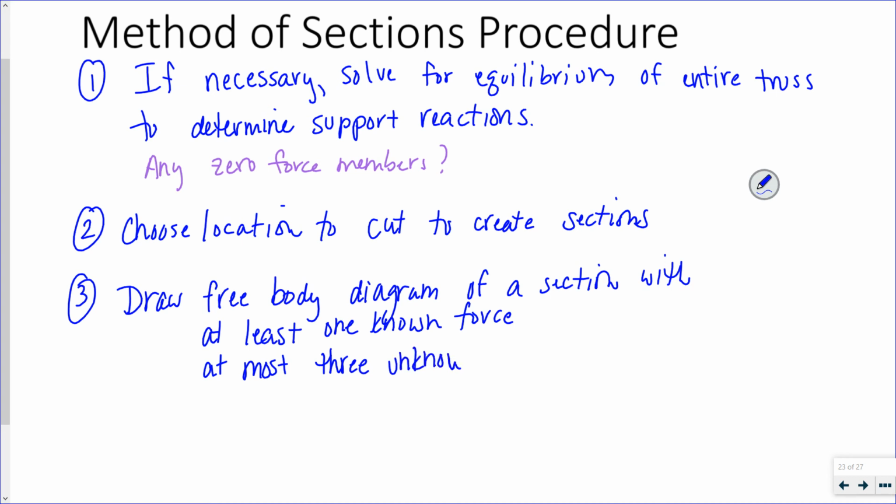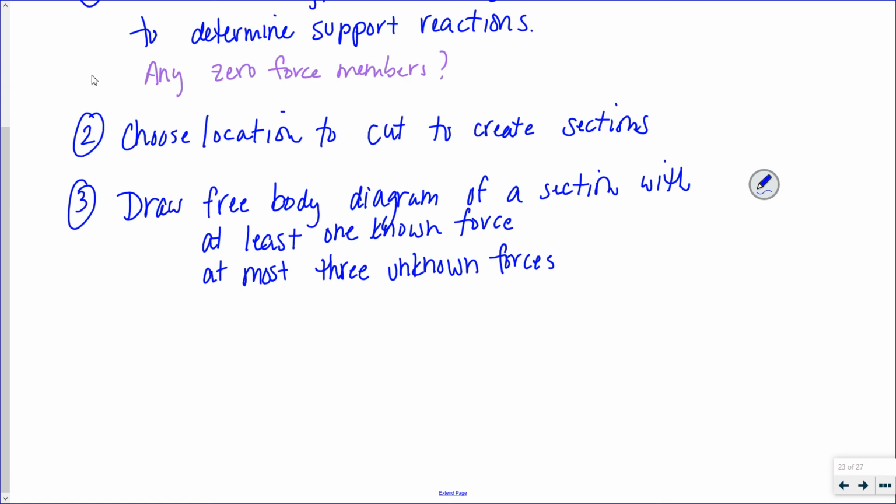I get to bump it up to 3 because I have that extra equilibrium equation from the moment. With joints, I could only have at most 2 unknown forces, but now I can have 3. You get to choose your approach for determining tension or compression. Then solve for equilibrium at your section.